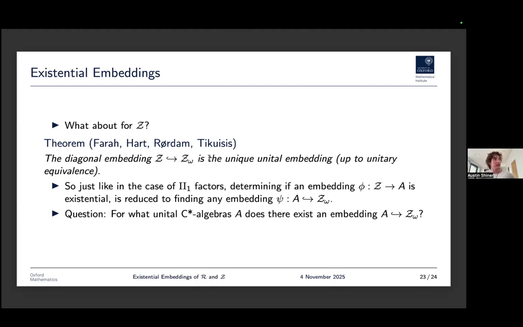For that, you have this result which tells you exactly which algebras are strongly self-absorbing, at least among UCT algebras, like classifiable algebras: O2, O infinity, the UHF algebras, and stuff like that. So it's a fairly concrete list which you can check, but I don't know if there's any general theory about it. Okay, thank you.